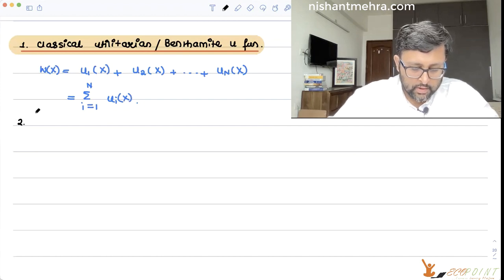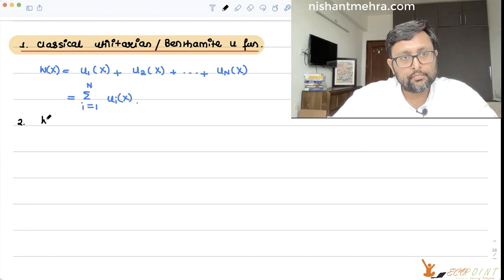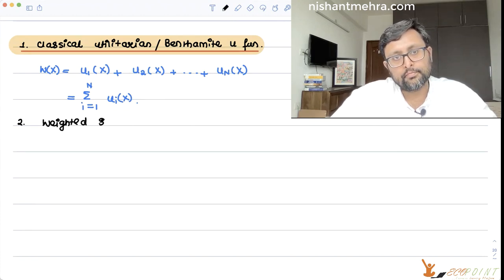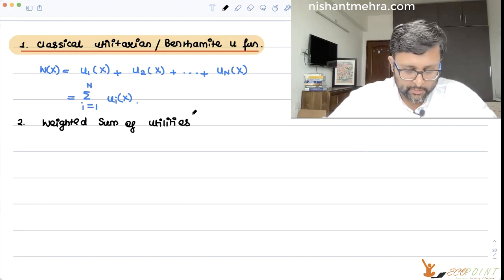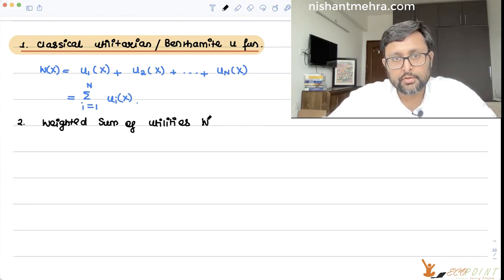Then you can also have the weighted sum of utilities welfare function.